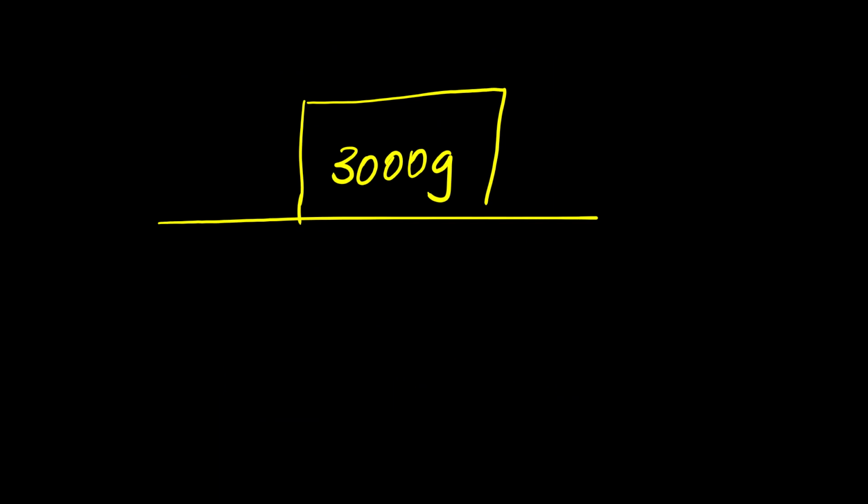Example number 2. We have an object. The mass is 30,000 grams. What is the normal force exerted by the surface onto this object? Before we do that, we need to convert the grams to kilograms. Now, how do we convert?